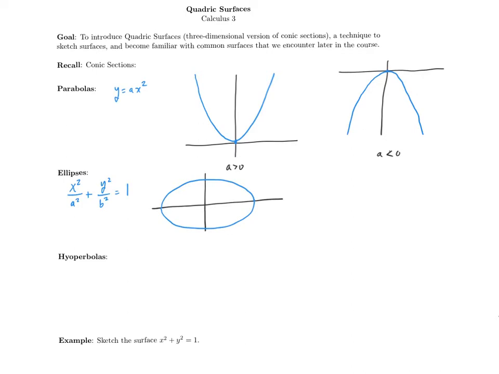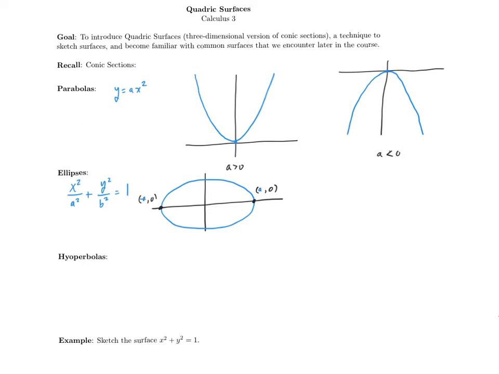Now, note, if we wanted to find the x-intercepts, they occur where that graph crosses the x-axis. So they would be of the form something, comma, 0. So if y is equal to 0 and you solve for x, x would be plus or minus a. So those x-intercepts occur at minus a, 0 and a, 0.